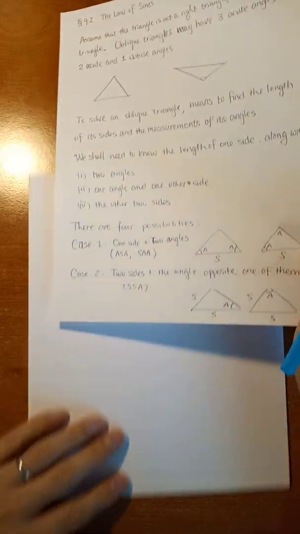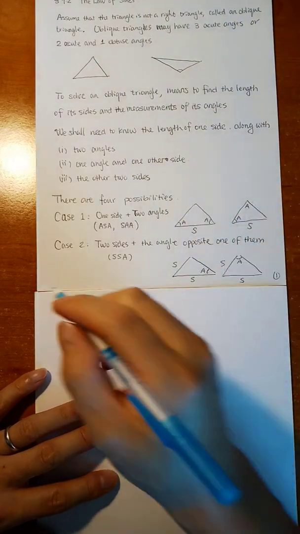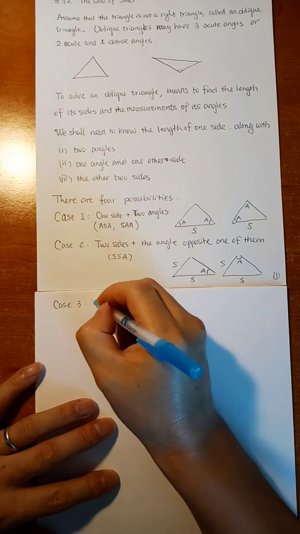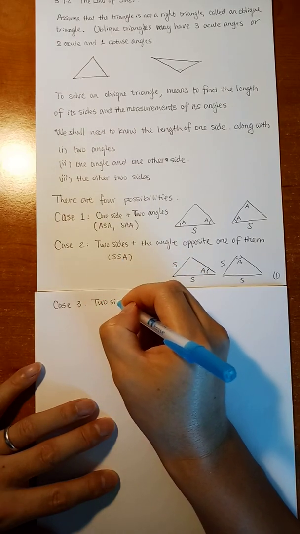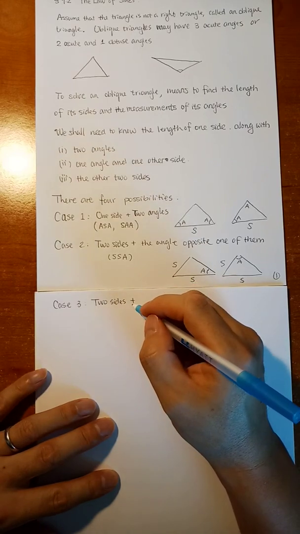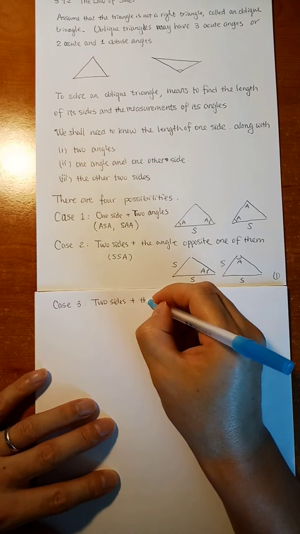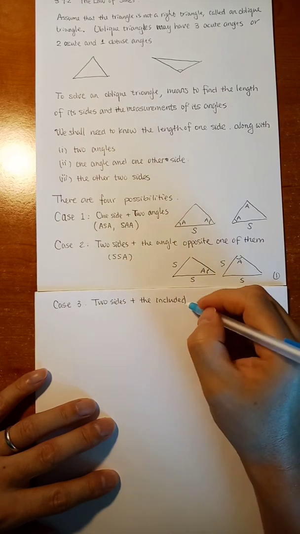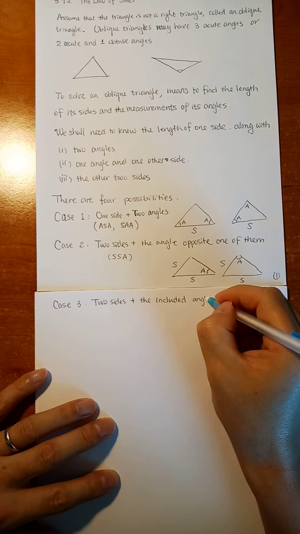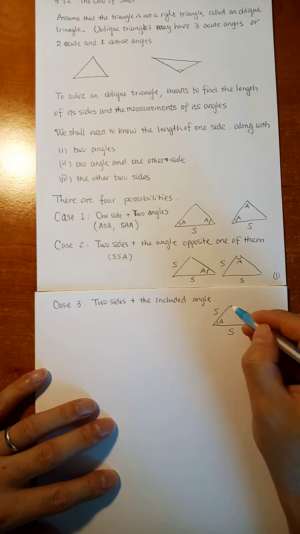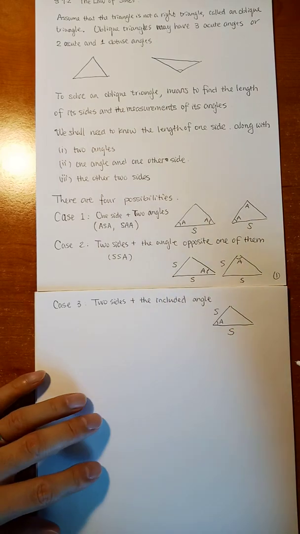Why do I say it's a case of the second situation, not the total second situation? It's the following. Two sides plus the included angle. What is the included angle? You have this side, this side, and you know the angle formed by those two sides.